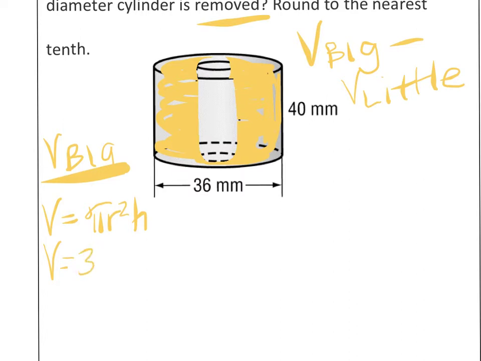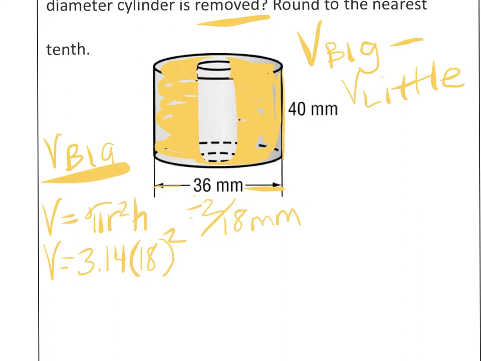For pi, I'm going to use 3.14. The radius is halfway across the circular base. Well, it doesn't tell us the radius, it tells us the diameter though. And remember, radius is half of the diameter, so I could divide that by 2, and I would get 18 millimeters for the radius of that big cylinder. So I'm going to square that.